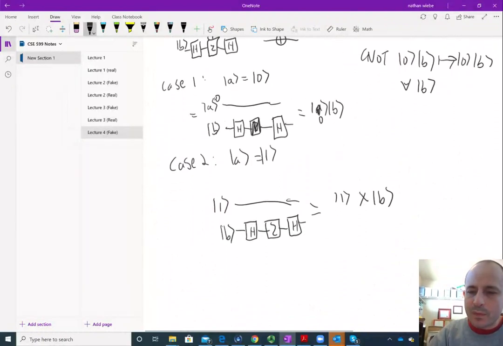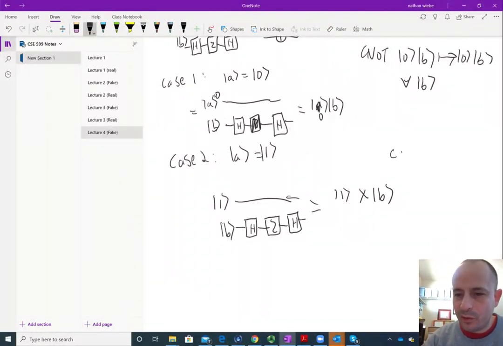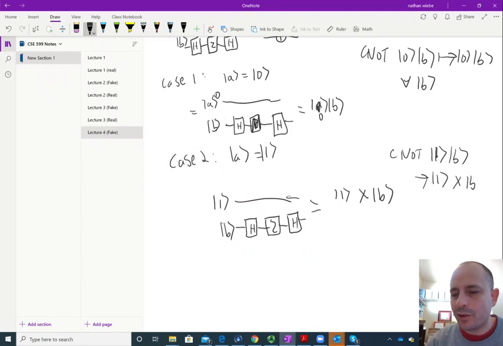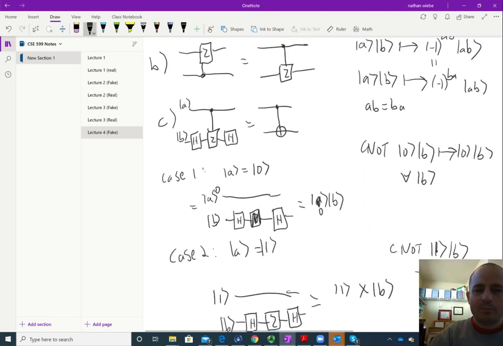Great. And this C0 has the exact same map. It maps 1B to 1, NOT acting on B.